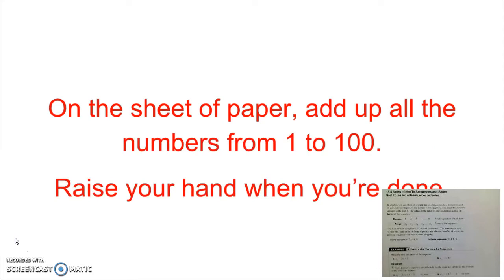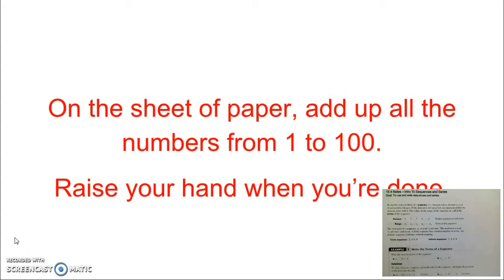So I'd like to challenge you real quickly. Go ahead and pause the video, take out a sheet of paper, and I'd like you to add up the numbers, all the consecutive positive integers, starting at 1 and going to 100. So 1 plus 1 is 2, and then you'd add 2 to that, and you'd get 4, and then you'd add 3, and so 4 plus 3 is 7, and then you'd add 4 to that, right?